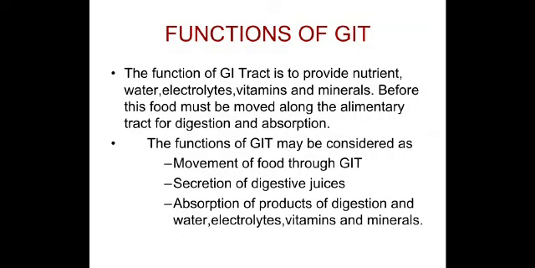The functions of the gastrointestinal tract may be considered as the movement of food through the gastrointestinal tract, secretion of digestive juices, that is saliva, gastric juice, small intestinal juice called the succus entericus, pancreatic juice, and the liver secretion, which is the bile, and finally the absorption of products of digestion and water, electrolytes, and vitamins.